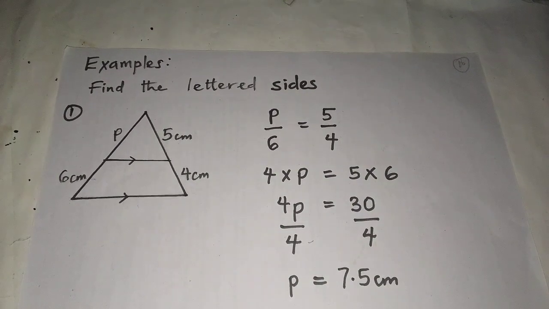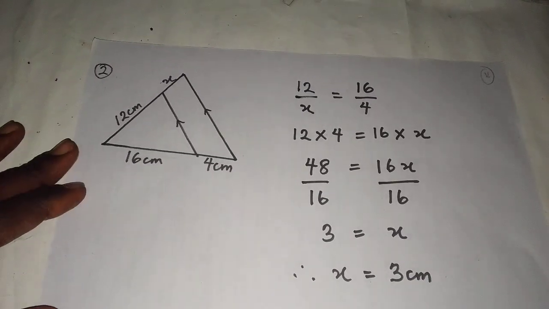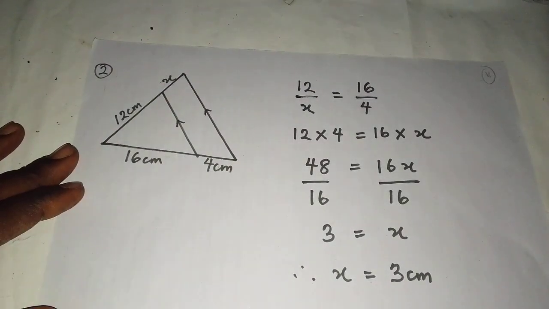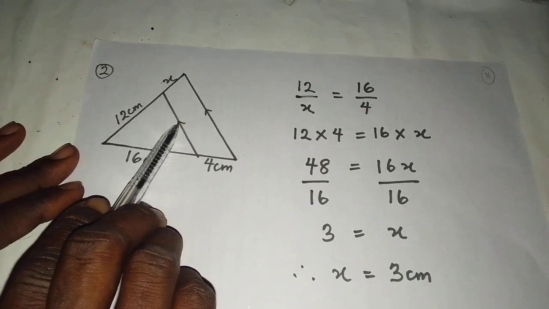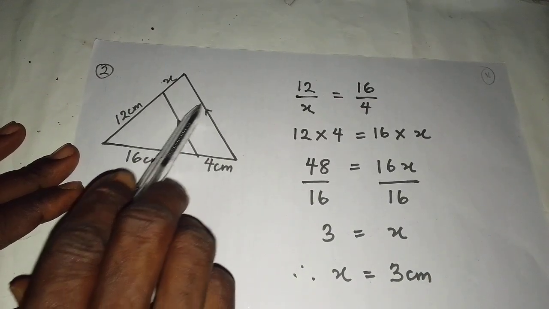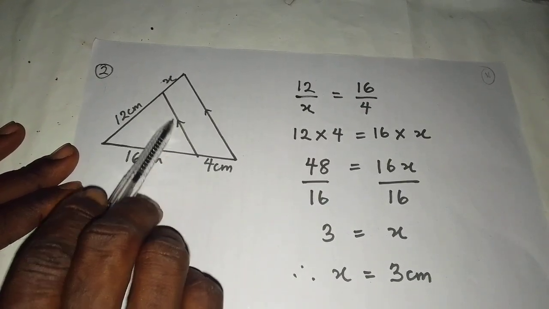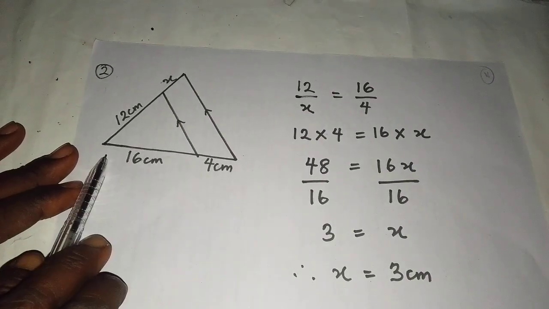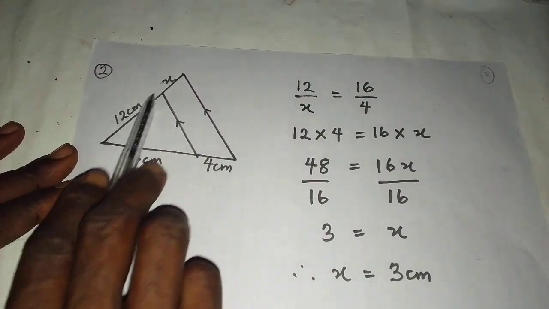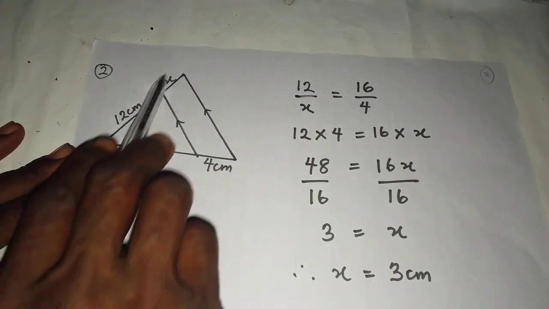Let's look at another example. We are having this triangle. We are told that this line and this line are parallel. And you know that since they are parallel, the ratio at which this parallel line will divide this side will be equal to the ratio at which it will divide the other side.